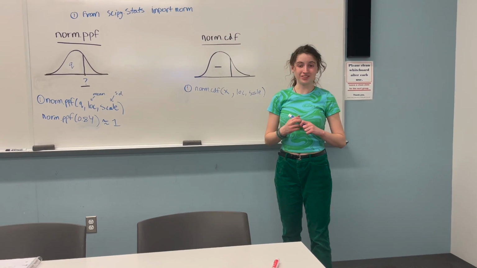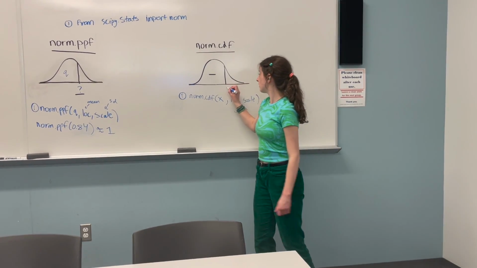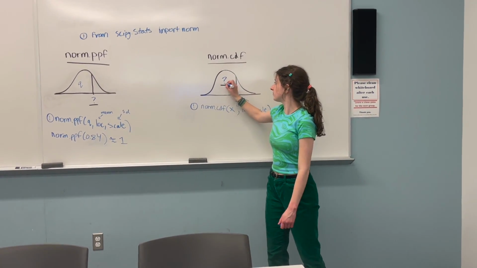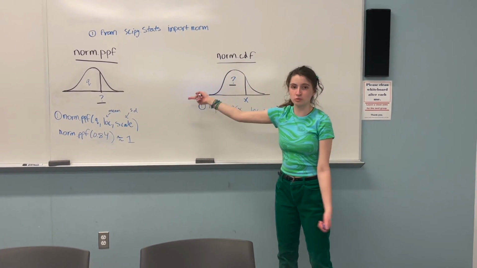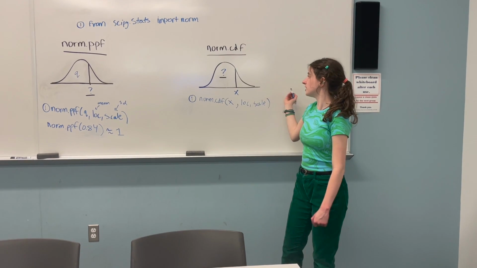Anyway, in this case, you put in a number, x, and it'll give you the unknown area to the left of that number. Again, the area under the whole thing is 1, so if you put in infinity, it would give you 1.